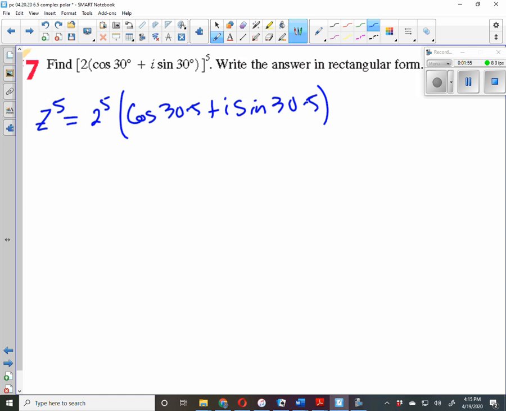Yeah, maybe this isn't so complicated, right? Let's see how we do. From here, this is equal to 32 cosine 150 plus i sine 150. Maybe this wasn't so bad. I'd take it back. Finding the roots is going to be a little more complicated, I guess, is probably what I should have said.